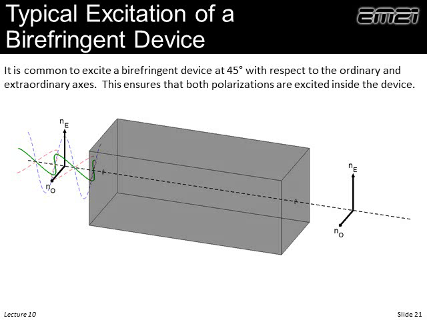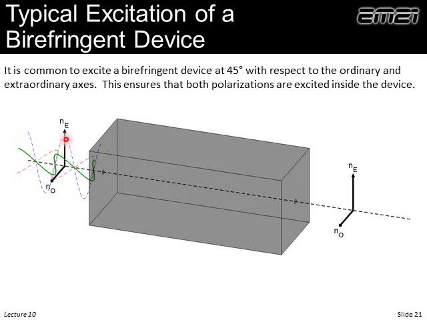Typically, when we use these types of devices, it's usually a crystal. In this lecture, we'll be realizing them with subwavelength gratings instead of crystals, but here it could be a crystal or a subwavelength grating. But typically what we do, we excite them with a linearly polarized wave, but it's polarized at a 45-degree angle between the ordinary and extraordinary axes. Now, why are we doing that?